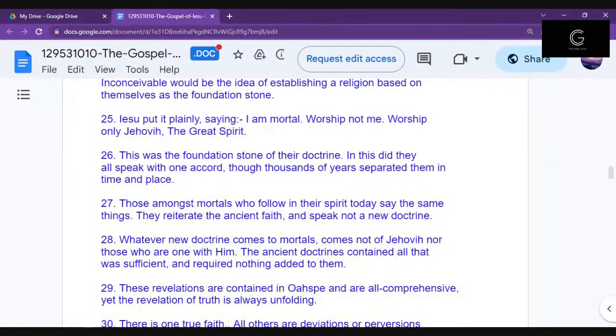Iesu put it plainly, saying, I am mortal, worship me not, worship only the Creator, the great Spirit, Yahweh. This was the foundation stone of their doctrine. In this did they all speak with one accord, though thousands of years separated them in time and space.